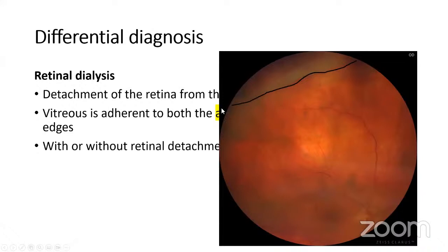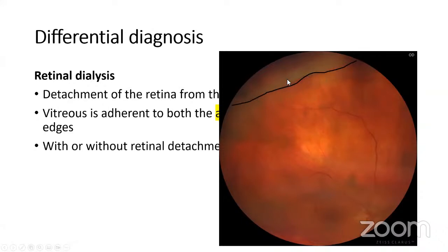As demarcated here with the black line, this shows the area of the retinal dialysis that extends quite a few clock hours. Posterior to it, the vitreous is still attached.